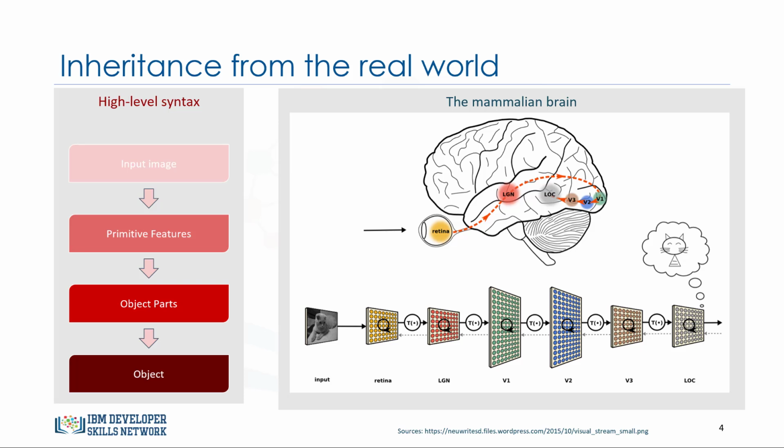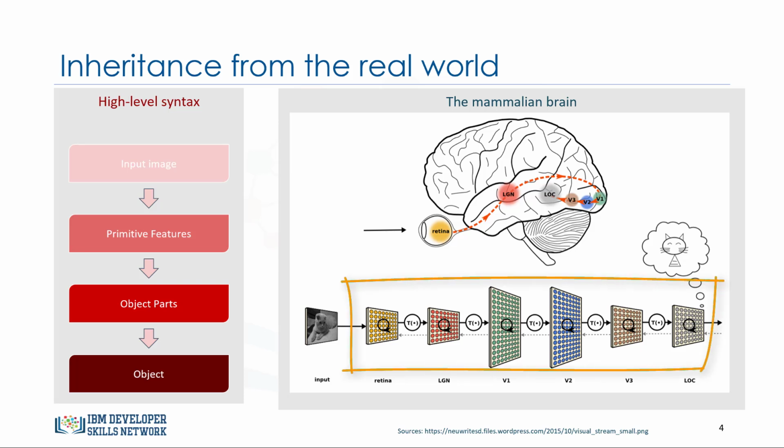Interestingly enough, the solution to the object recognition issue was inspired by examining the way our own visual cortex operates. In short, the CNN starts with an input image. It then extracts a few primitive features and combines those features to form certain parts of the object. And finally, it pulls together all of the various parts to form the object itself.